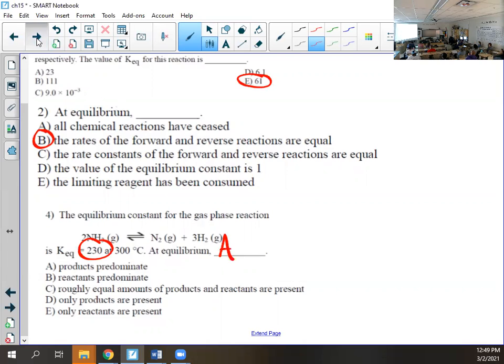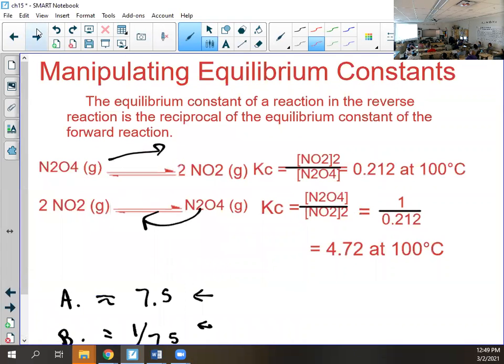This is kind of what Judah asked real quick. The equilibrium constant of a reaction in the reverse is the reciprocal of the equilibrium constant of the forward. So K forward would be your products over your reactants.